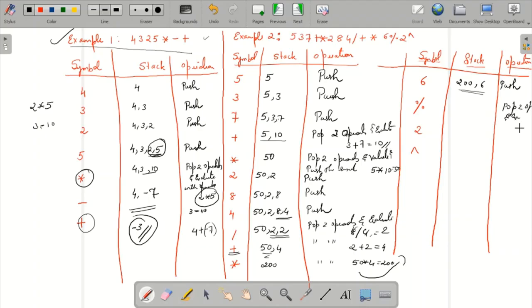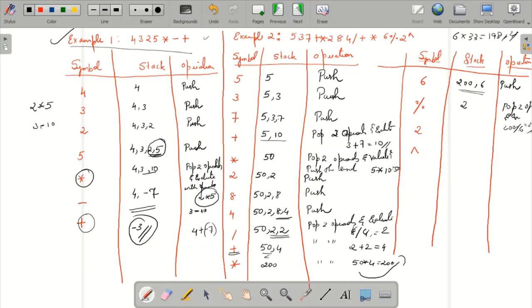That is 200 and 6 over here, and modulus. So what is 200 modulus 6? The remainder is actually 2, because 6 goes 33 times, which is 198. 6 into 33 is 198. So the remainder is 2. So 200 modulus 6, you will get 2.